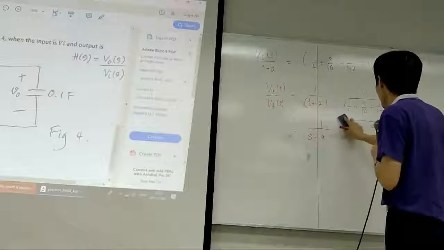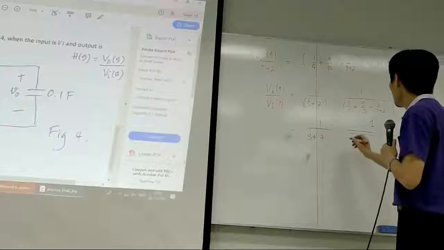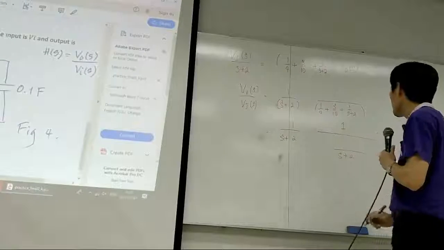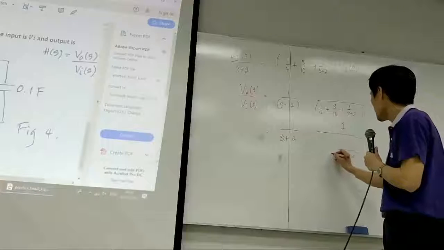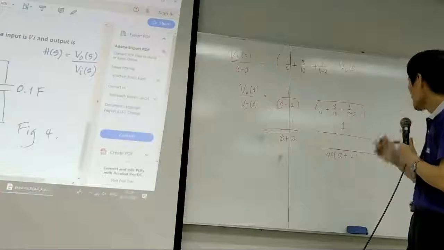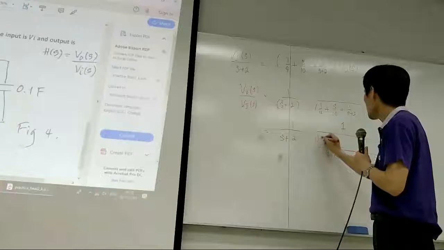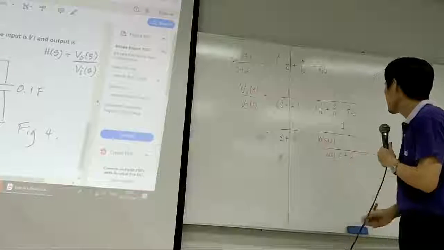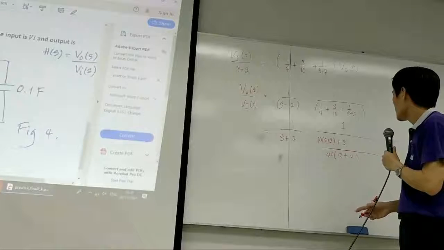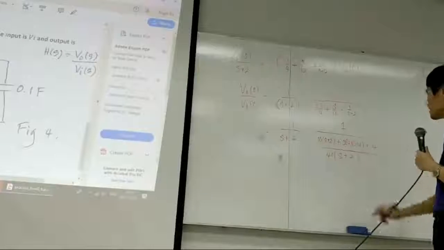Let's just write it again. So we have the one on top, and this is the bottom part with the S plus 2 on the bottom here. And we have 40 S plus 2, and we have 10 S plus 2 plus S with the 4 S plus 2 like that.